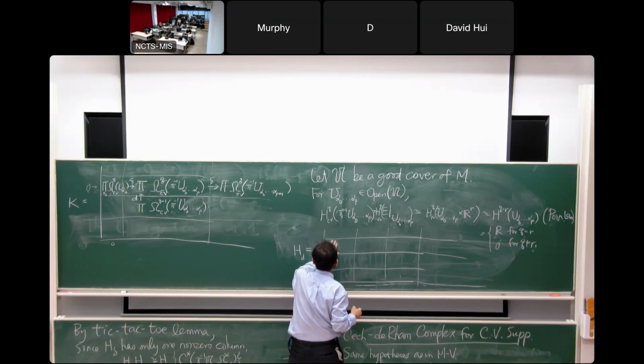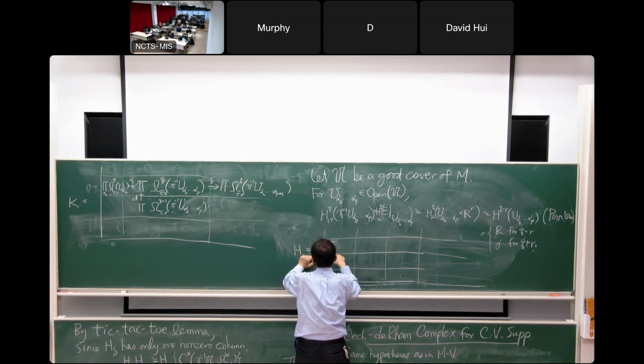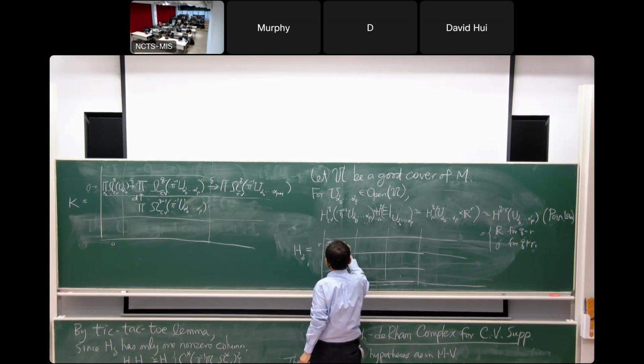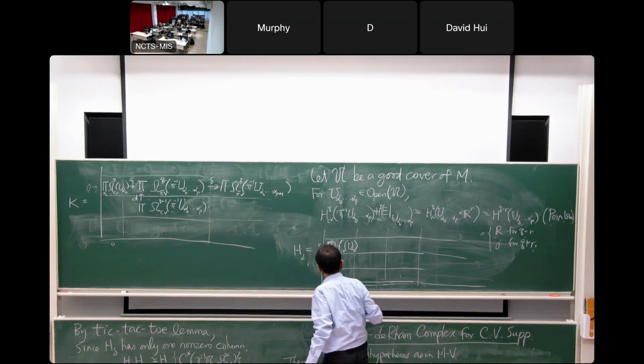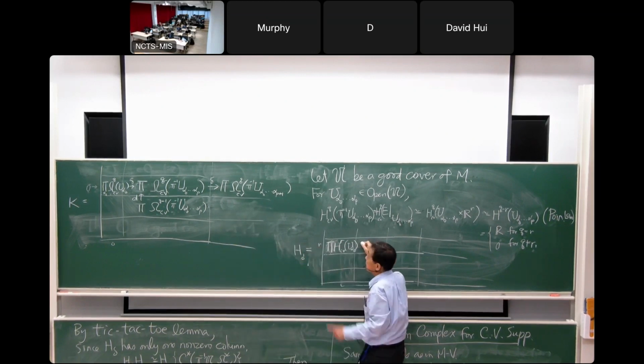Let me just write it down this way. So it's a product of H^r with compact vertical support of U alpha 0, right? When you take d, then you just get cohomology.